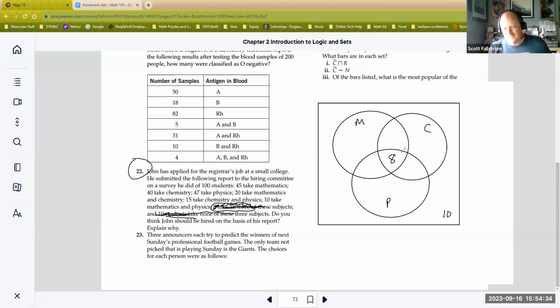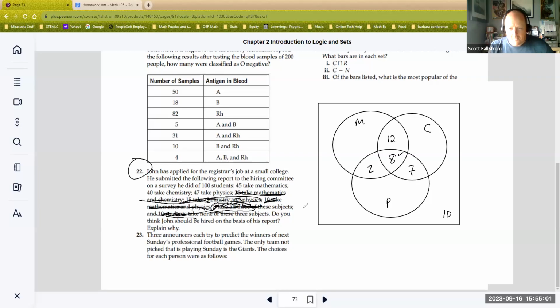Well, math and physics would be this whole eyeball shape here, but I've already used up 8, so there must be 2 because 10 took math and physics. 15 took chemistry and physics. Once again, I've already got 8, so there must be 7 there to make 15 total. And 20 take math and chemistry. I already used up 8, so that'd be 12.